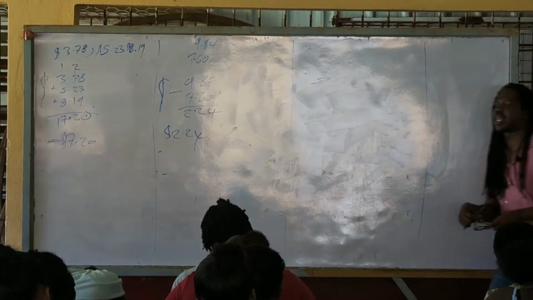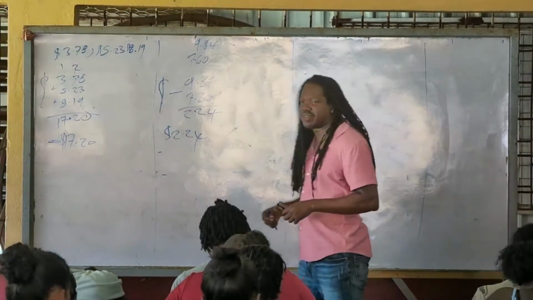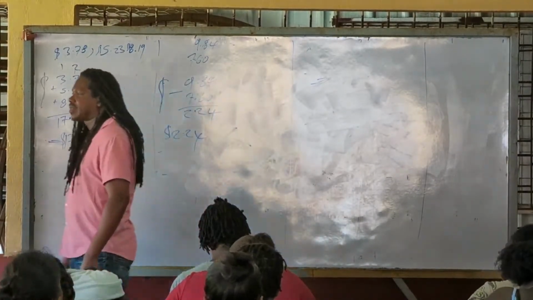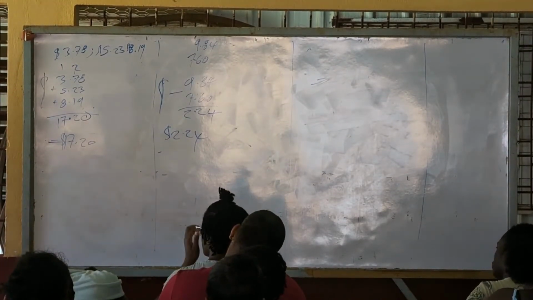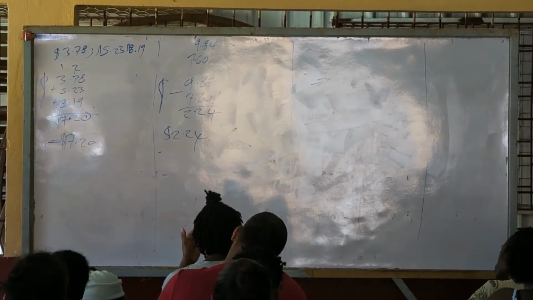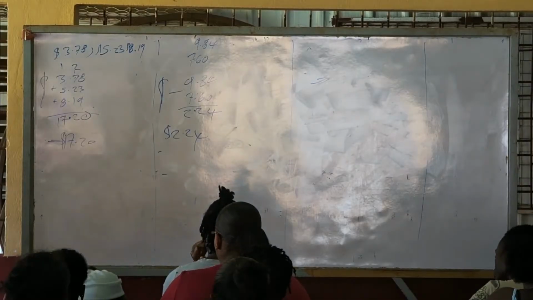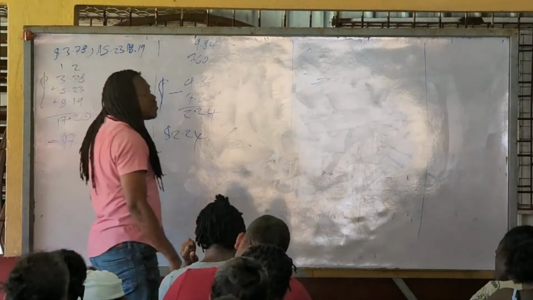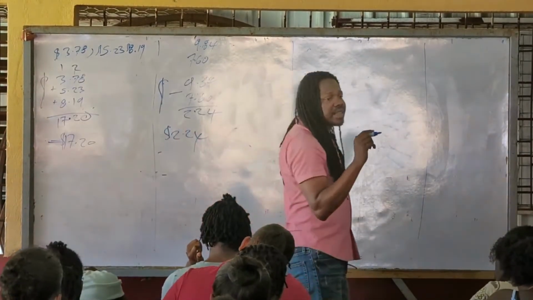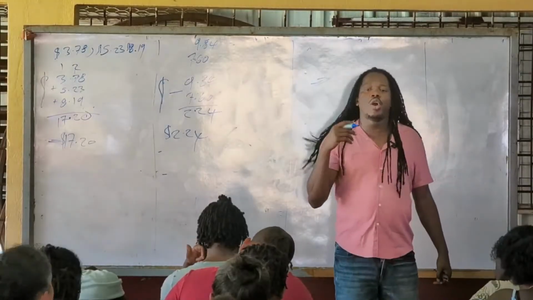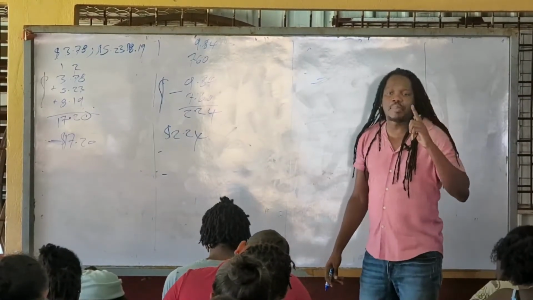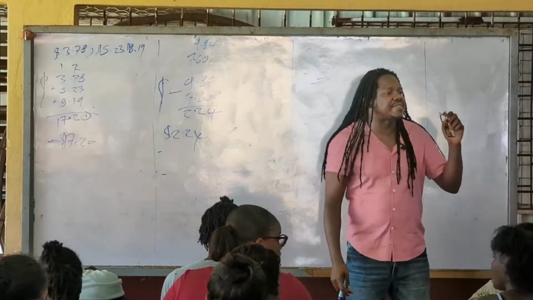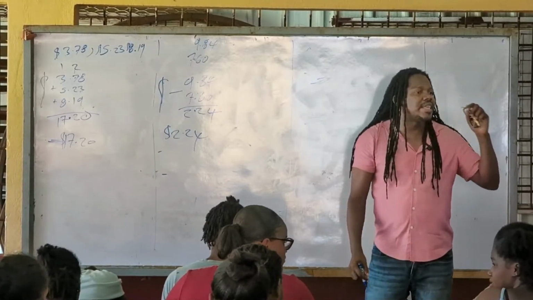Mathematics is the subject of logic and problem solving. All eyes on me. This is a trick that you need to learn. Mathematics is a subject of problem solving and logic. How do you solve a problem? The first thing in solving a problem is to identify what is desired.